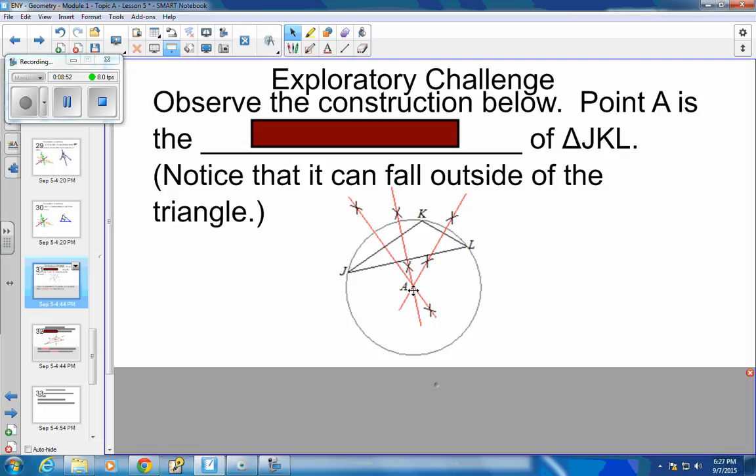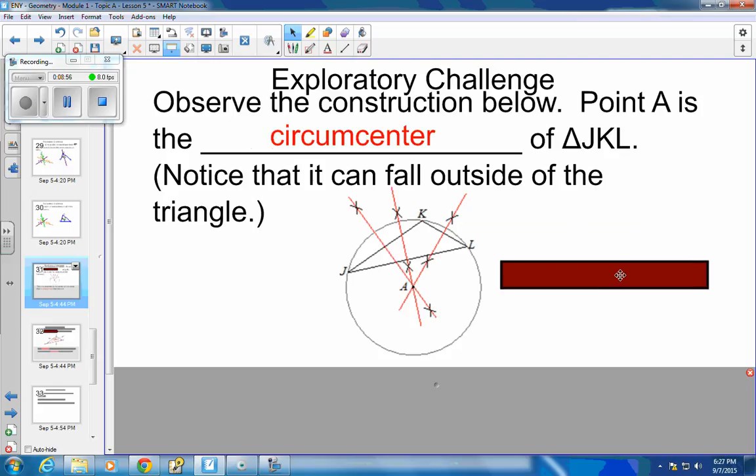Okay, so they are perpendicular bisectors. So point A is the circumcenter of triangle JKL. And notice that you can draw a circle through J, K, and L, centered at A, and it will go around your triangle. It goes on the outside.